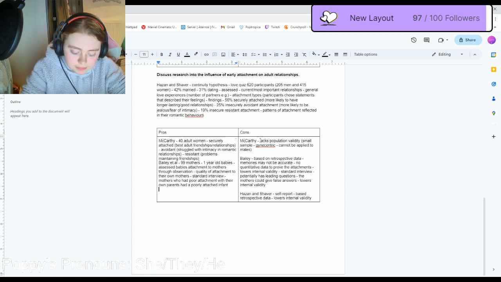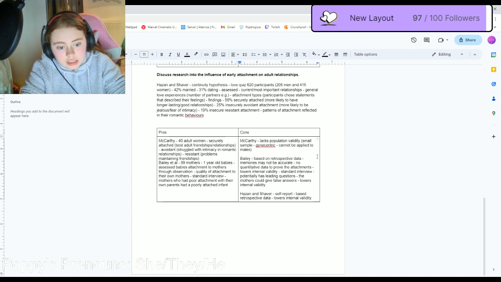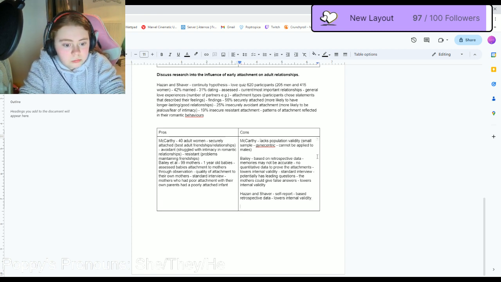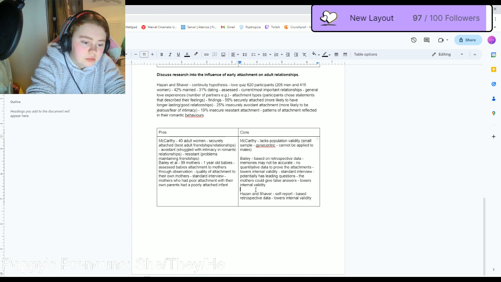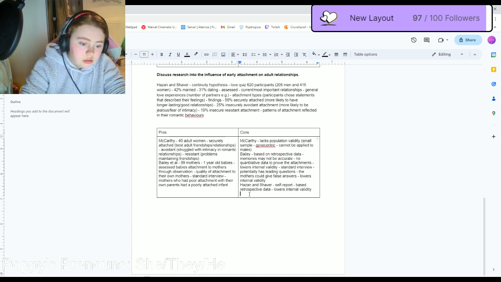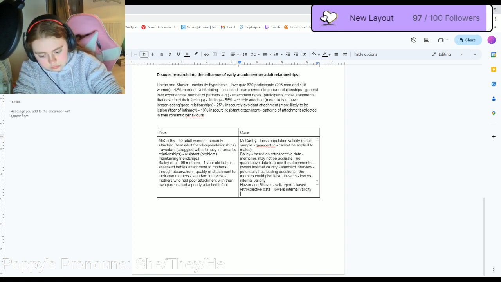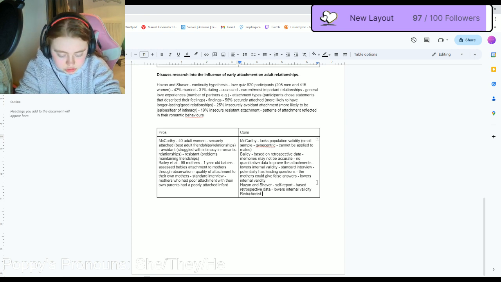Another con is perceiving the quality of later relationships as being caused solely by the quality of early attachment is reductionist, as it ignores other factors such as financial pressures or age differences between the partners. So it's reductionist.